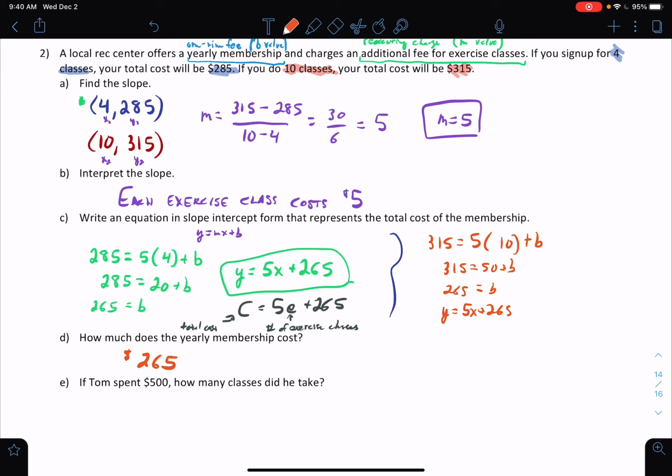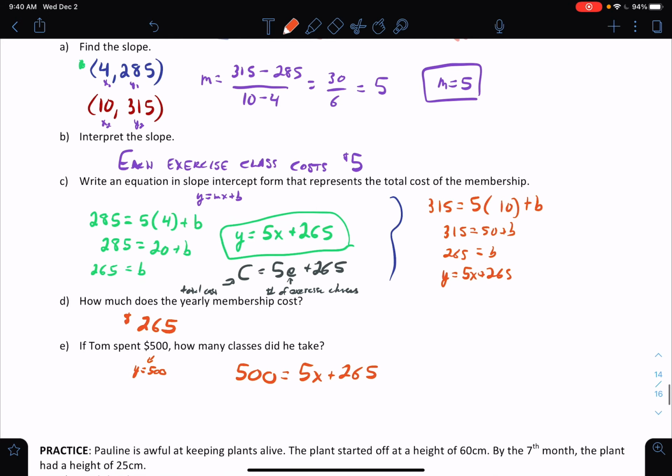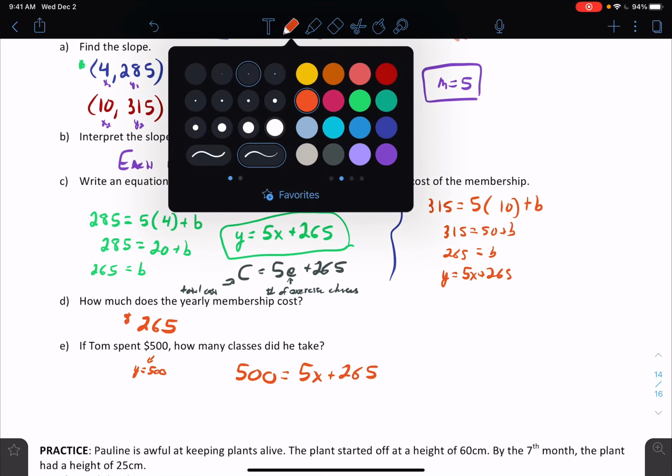So like in part E, if Tom spent $500, how many classes did he take? All right, so $500, this is his total cost. So this is what I plug in for Y. Y equals 500, and I'm trying to solve for X, which represents the number of exercise classes. All right, so now I just need to solve this.